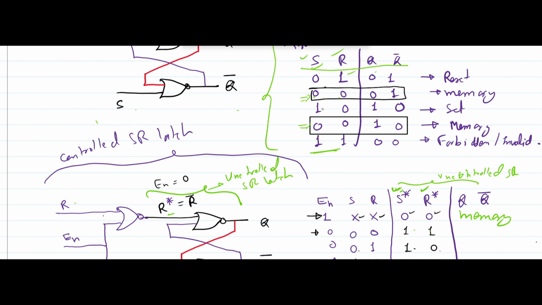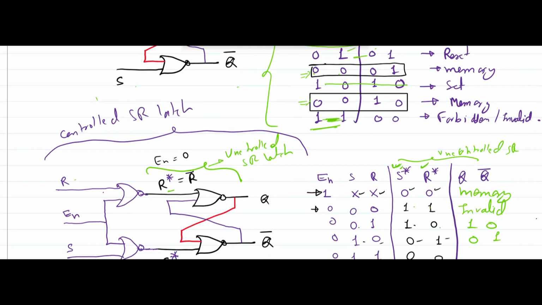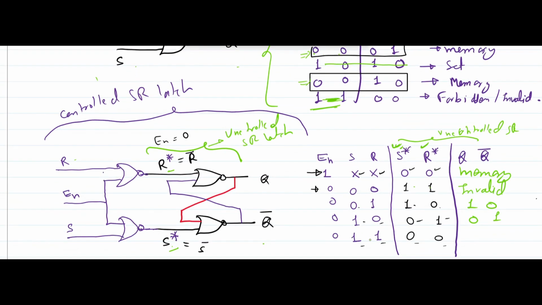For 1 1, you can see it is an invalid state. For 1 0, it is 1 0 only. And for 0 1, you see it is 0 1 only. And for 0 0, it is again memory.